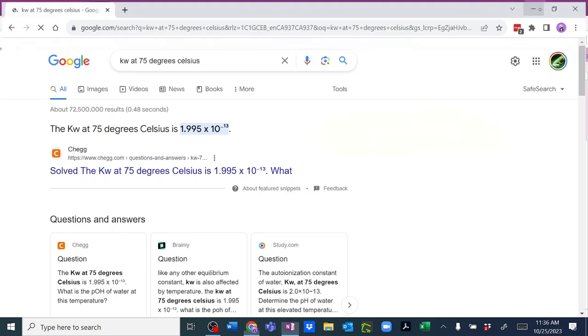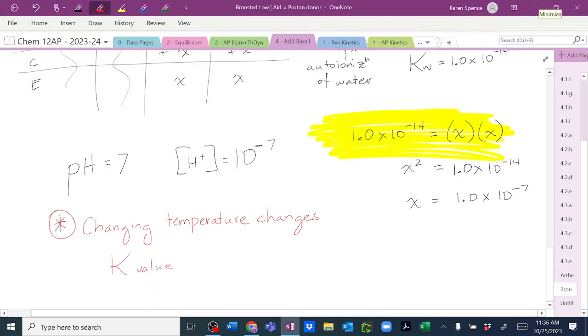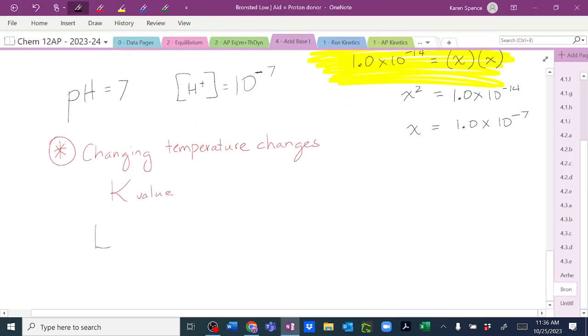So for example, at 75 degrees Celsius, Kw is equal to 1.995 times 10 to the negative 13. Whoa.